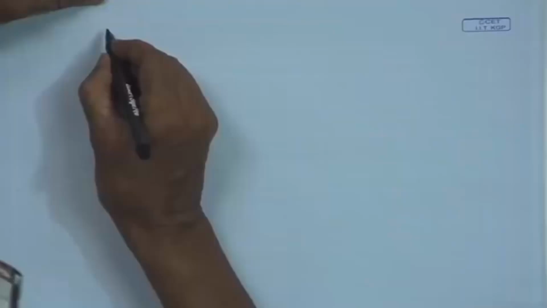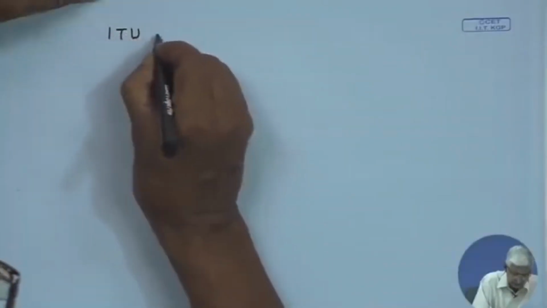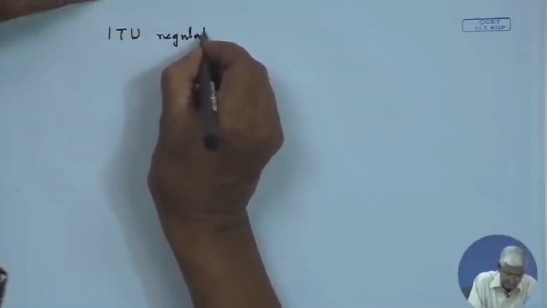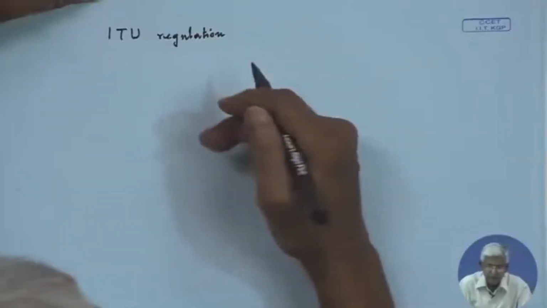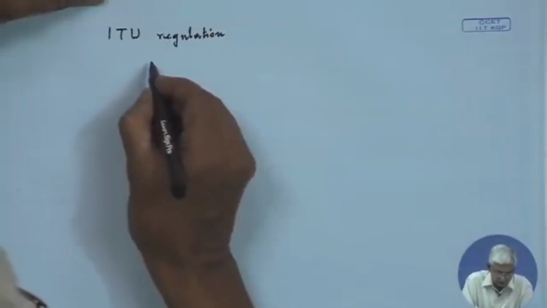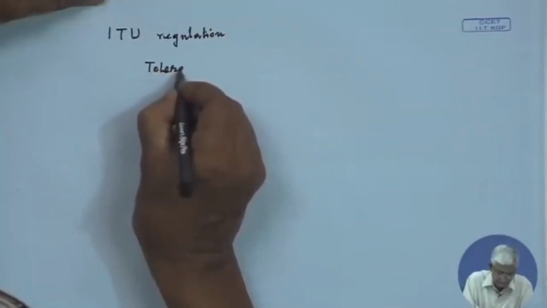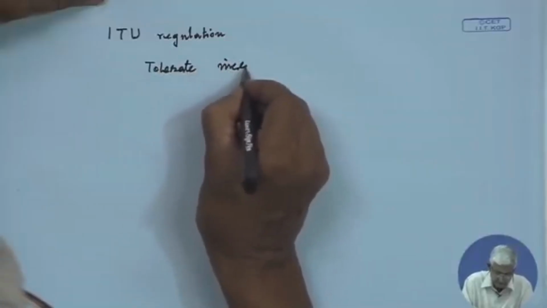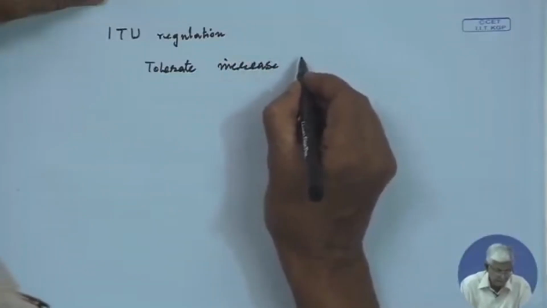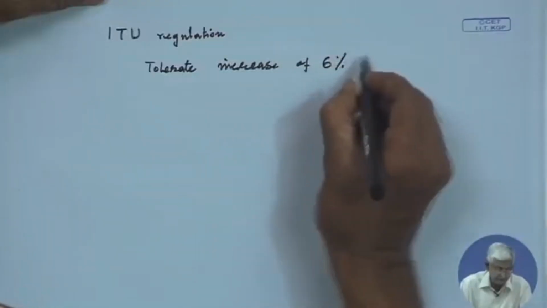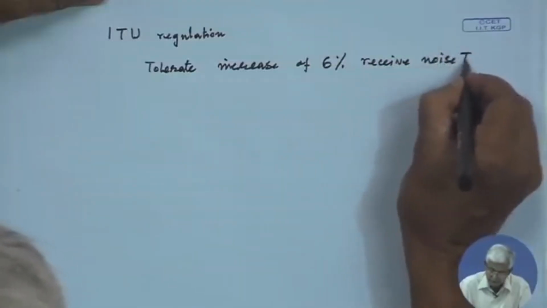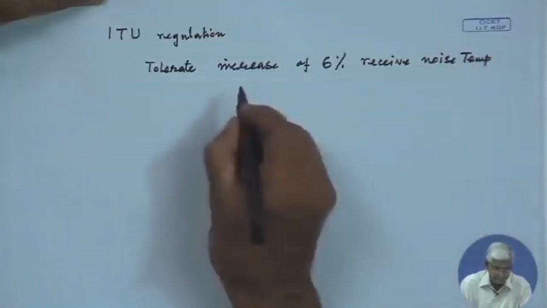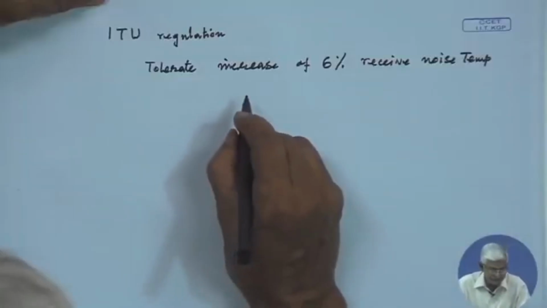As per the ITU regulation, the person who is operating has to tolerate an increase of 6% in receive noise temperature if it is operating on the same bandwidth.